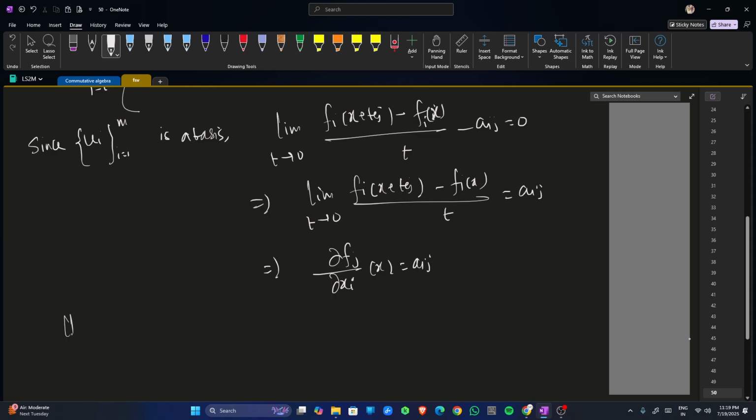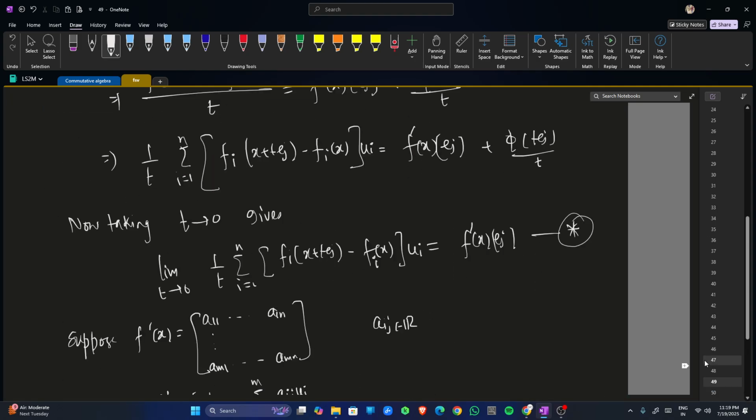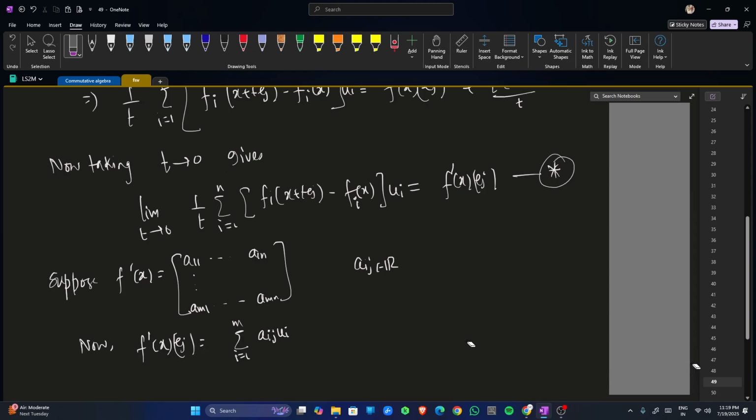So hence we get what is aij. F prime x applied on ej is the summation i runs from 1 to m of aij ui.